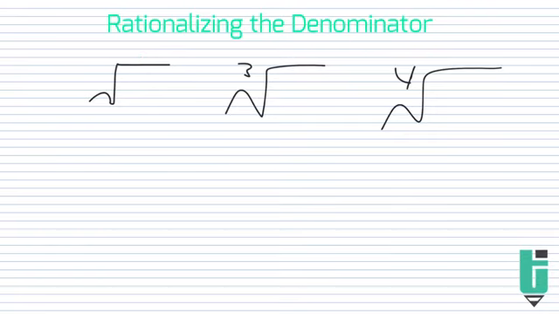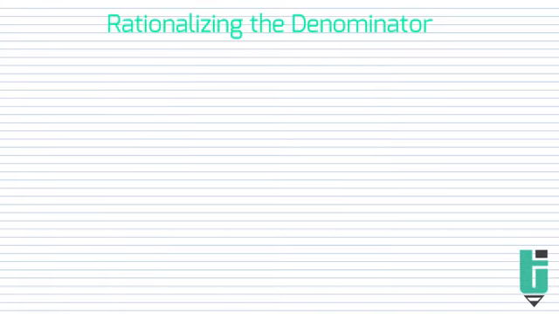Okay, so let's see what I mean by rationalizing the denominator. We'll say we are given something like this: 2 over square root 3. If we look at this specific fraction, when we're talking about rationalizing the denominator, we want to make the denominator rational.